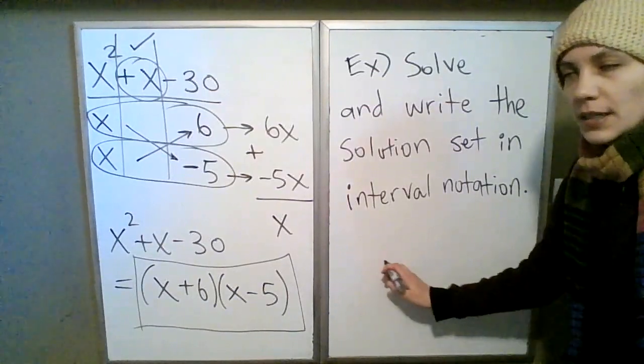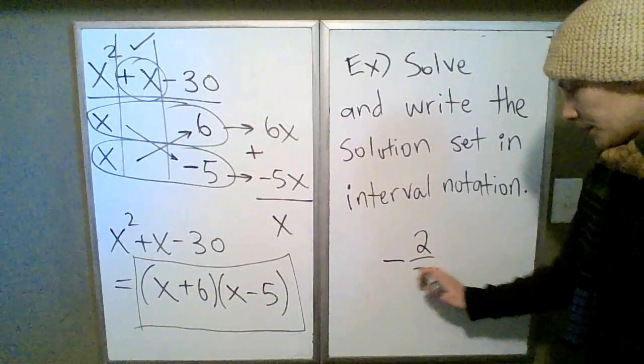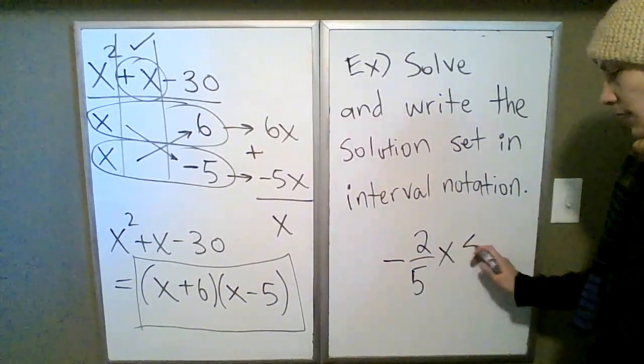Let's start with negative 2/5 x less than or equal to 4.